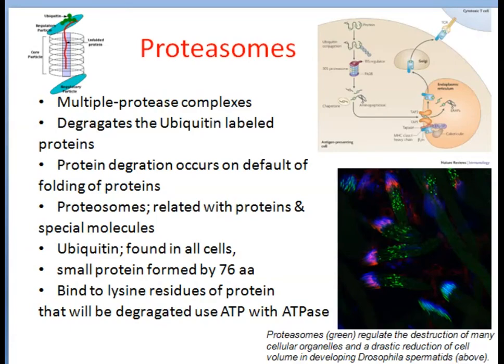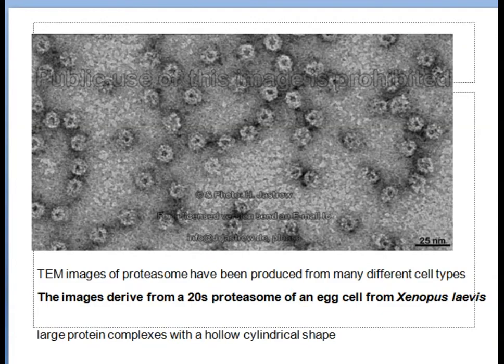So the ubiquitin is needed to mark that protein for degradation. Here we can also see transmission electron micrographs of proteasomes made in different cell types. These are large protein complexes with a hollow cylindrical shape.